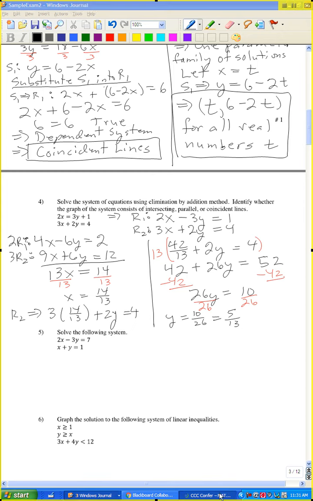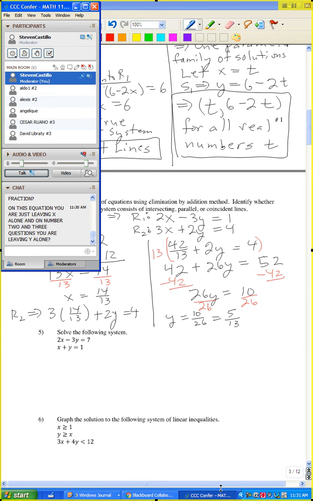Okay, well, I guess I didn't finish. On this equation, you are just leaving x alone. On the number 2 and 3 questions, you're leaving y alone. I'm not quite sure what you mean by that. You mean I'm eliminating x on exercise 2.